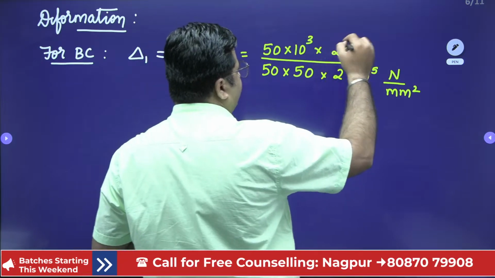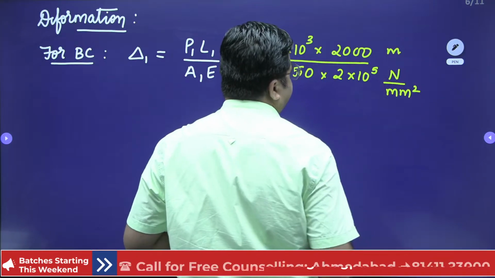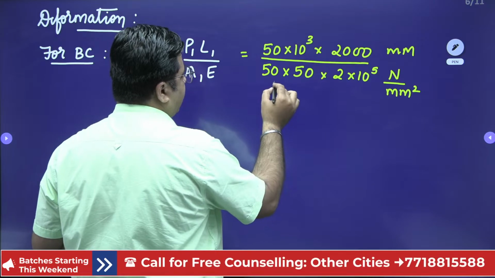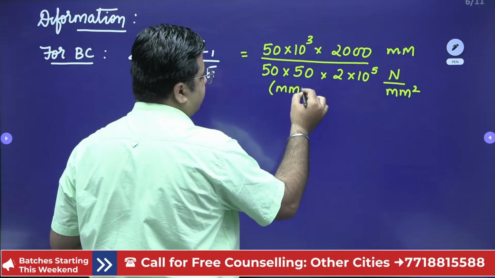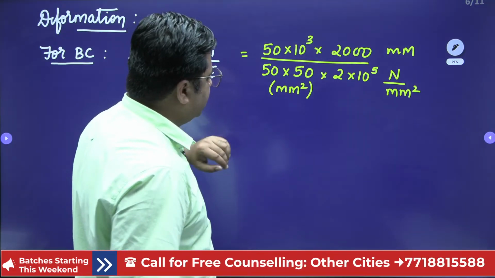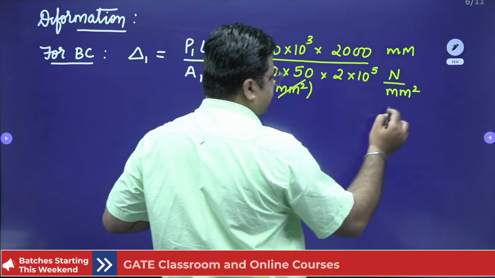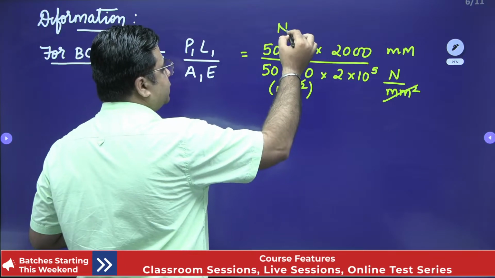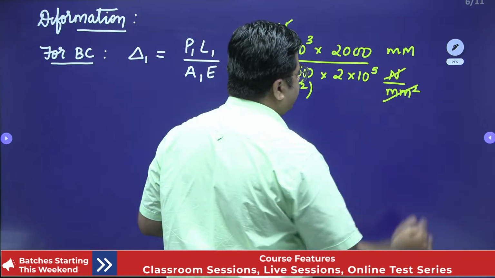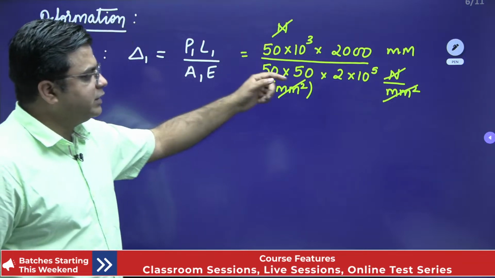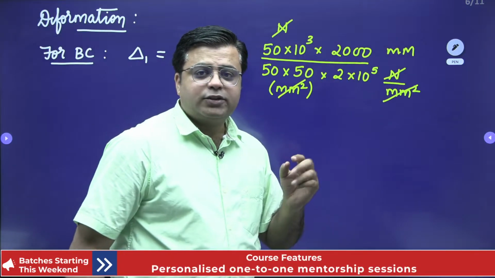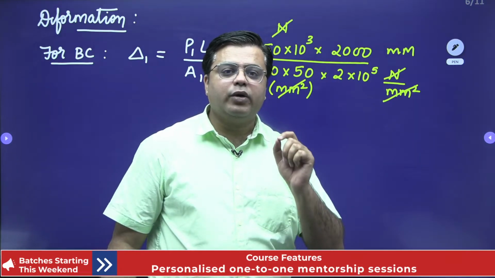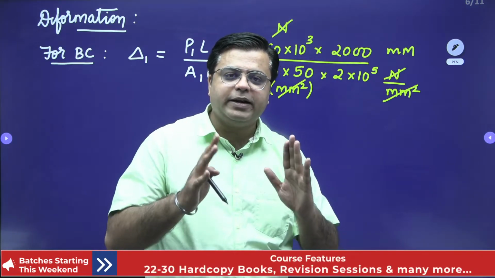So, you have mm in the numerator, and you have mm square at the bottom. So, this mm square and this mm square will cancel out. This Newton and this Newton, which is present in the numerator, will cancel out, and you will have the deformation in mm. Students have these confusions, and this slight confusion will ruin your complicated calculations.